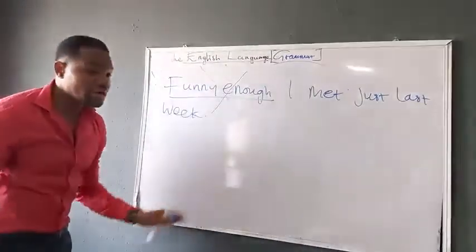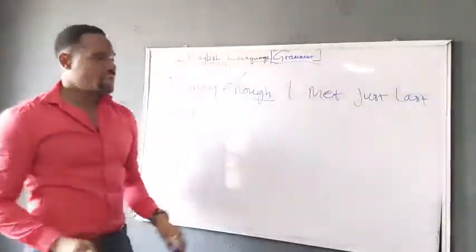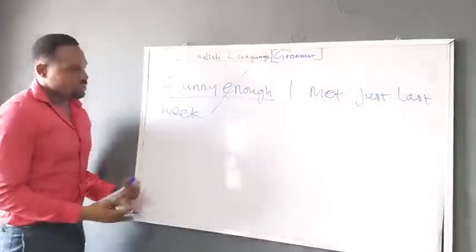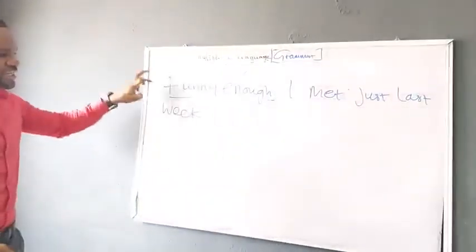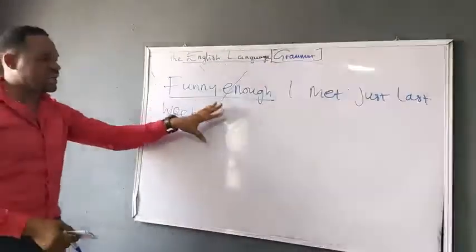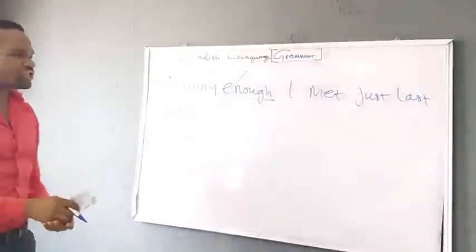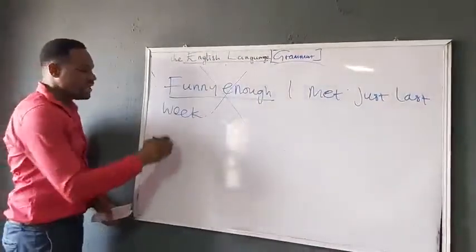Oh, funny enough, I'm going to do it. Funny enough, you know. And I continue to ask myself, why do non-native speakers like using the words funny enough? The grammatical word in the dictionary is funnily enough.